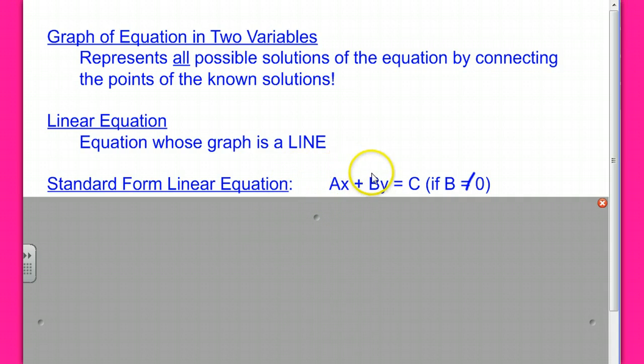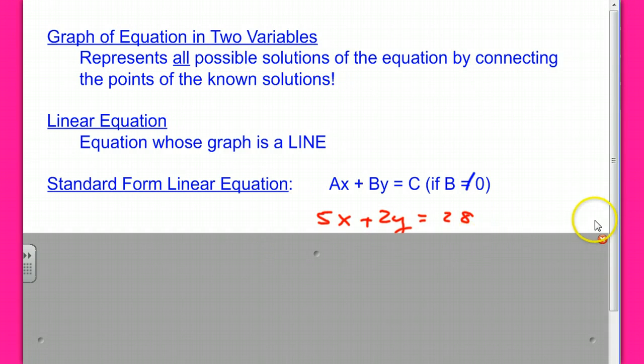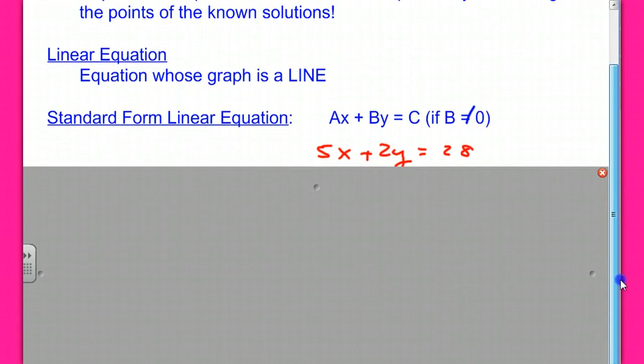So A, B, and C are constants, numbers, right? X and Y are the points that are solutions of this graph. So if we're given a specific equation, this is a specific equation, right? This up here is, who remembers the term when we aren't using a specific equation? It begins with an L. We talked about it the last part of chapter 3.